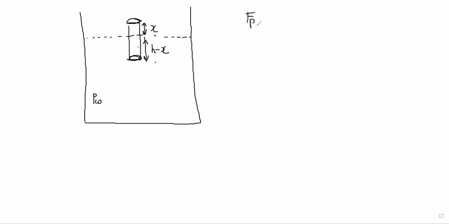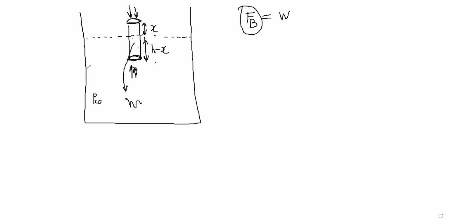Because it is floating, the force of buoyancy upward should be equal to the weight of the whole thing, right? And the only two forces are force of buoyancy and weight. Actually, the forces are pressure and weight. But we are calling the difference of pressures as the force of buoyancy.